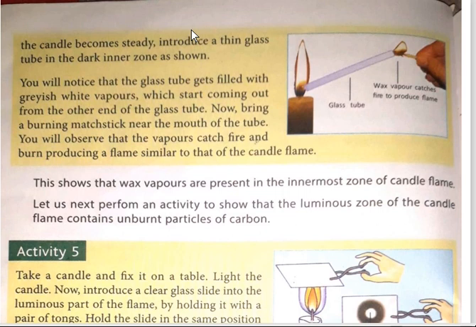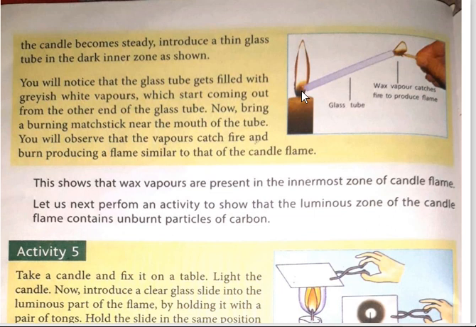We have taken one candle, burned it, and fixed it on a table. Now we'll put a glass tube in such a manner that one end of the glass tube is near the inner zone of the candle flame.